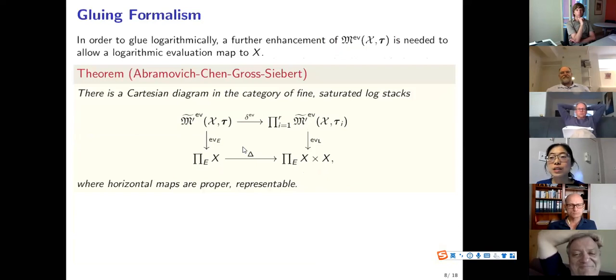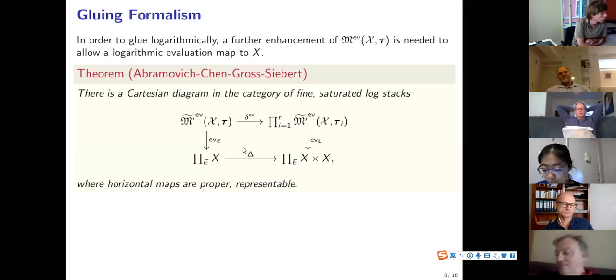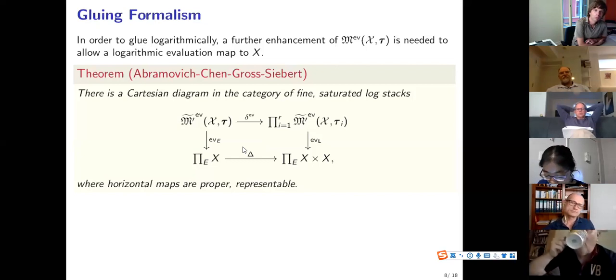There is another more subtle thing that we need to take care of: in order to glue logarithmically, a further enhancement of this space is needed. We need to modify the log structure on our moduli space, and there is a Cartesian diagram of this where the gluing actually happens.